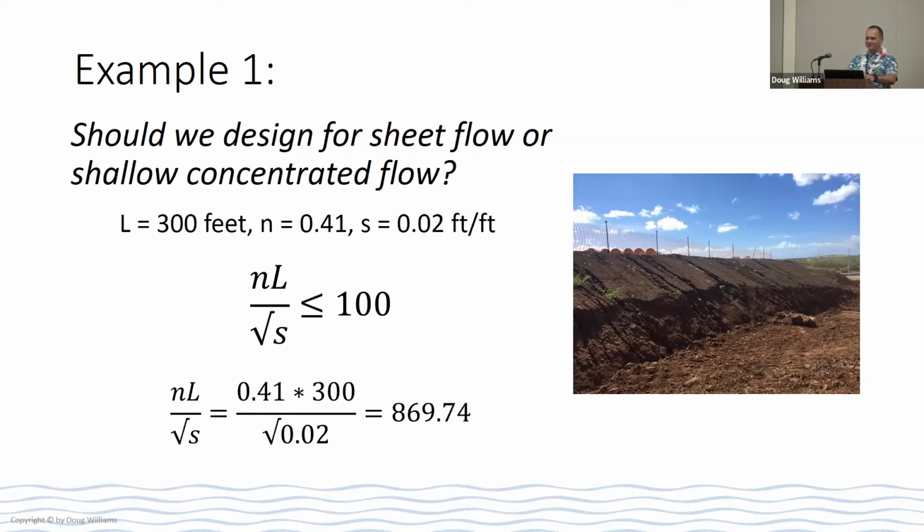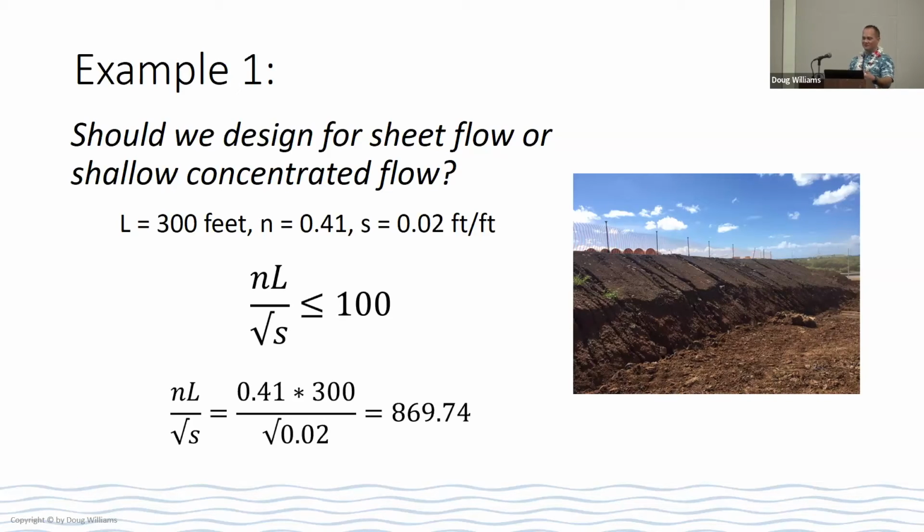So in this first example, real simple, straightforward, right? The question I want to know is, in this situation, should I be considering shallow concentrated flow, or is it just all sheet flow? So back to that formula we had, n times L divided by the square root of S should be less than or equal to 100. So we know our slope length, 300.